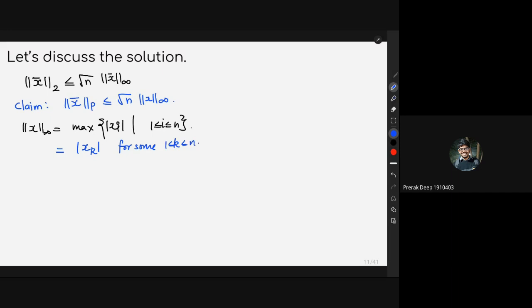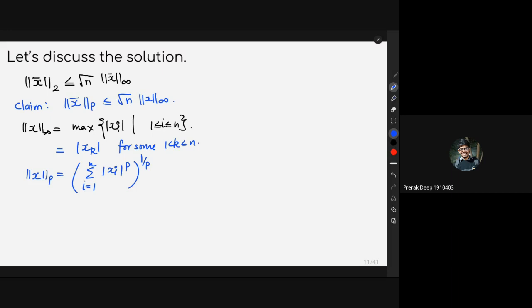Now this infinity norm is equal to mod of xk. Now what is the p norm? The p norm is nothing but the summation of mod of xi to the power p, where i varies from 1 to n, and taking the pth root of this sum.